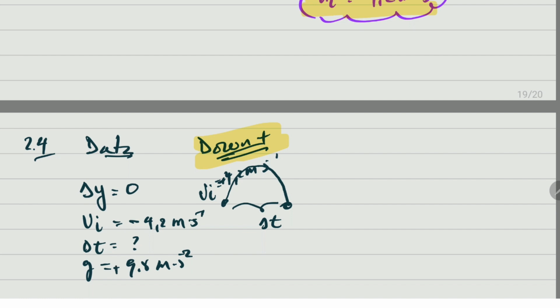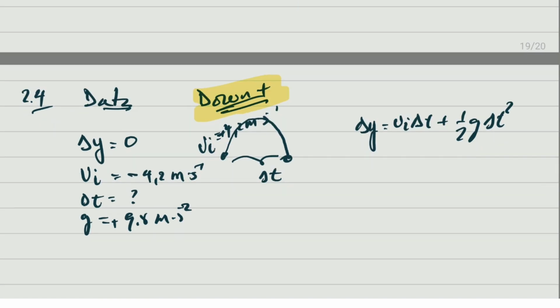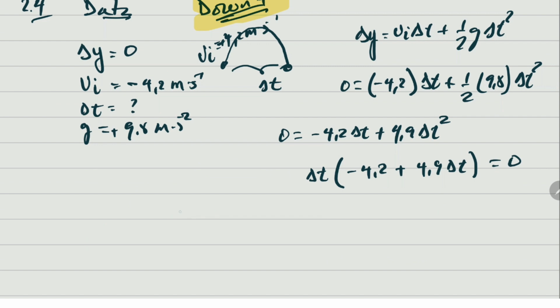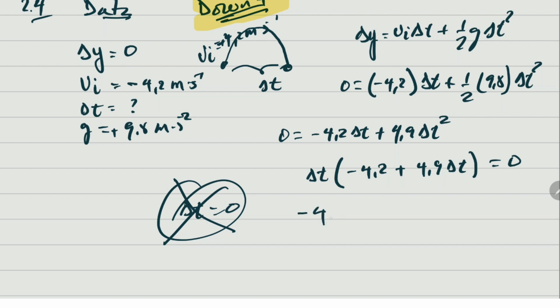So what formula are we going to use? Now when you solve this in mathematics, you have two solutions: delta t equal to 0, which obviously is not a solution, and the other one is minus 4.2.